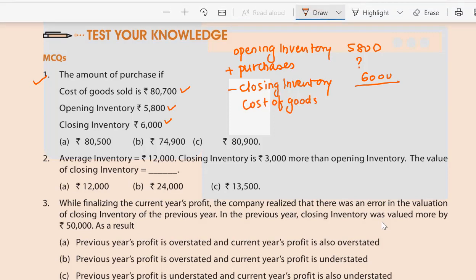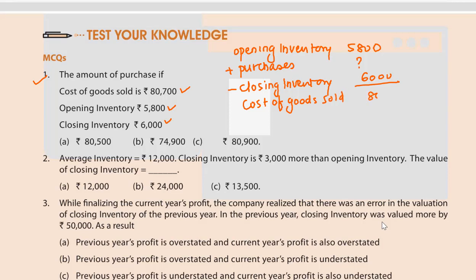Cost of goods sold is 80,700. By backward calculation, we can find out the amount of purchases. Let's do it. Give it a try.